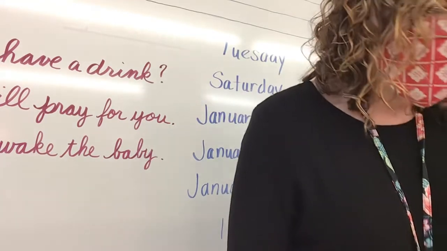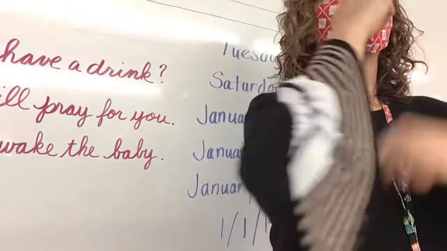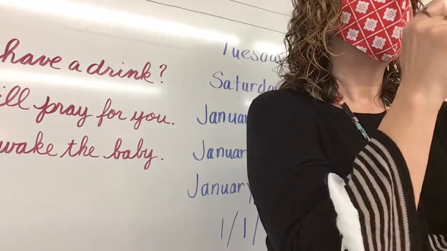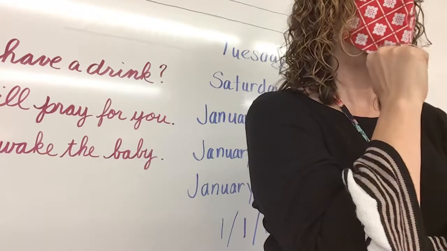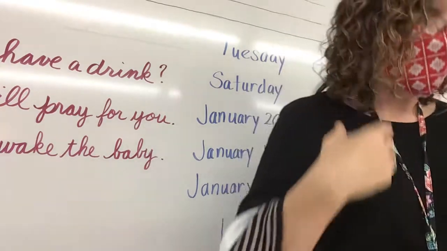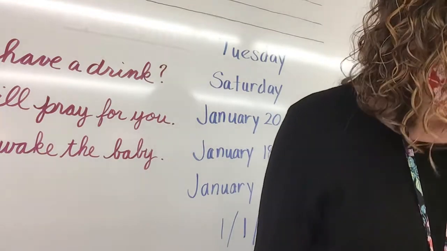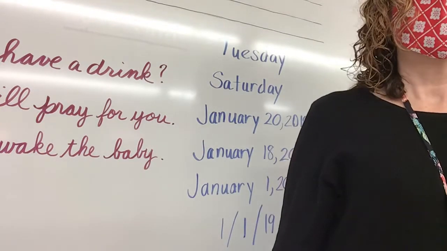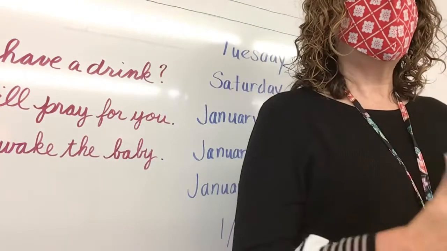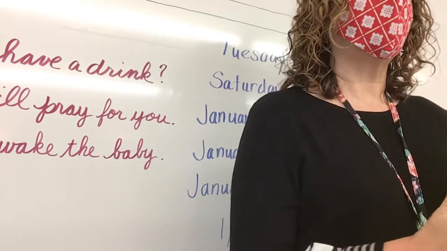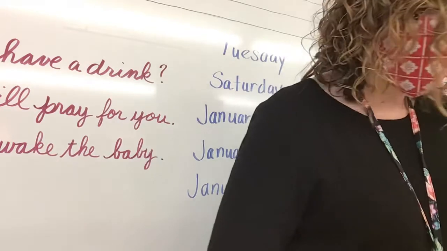And how many days are in 1 year? 365. 366 is your leap year. And how many days are in 1 week? 7. Let's say them. Sunday, Monday, Tuesday, Wednesday, Thursday, Friday, Saturday.